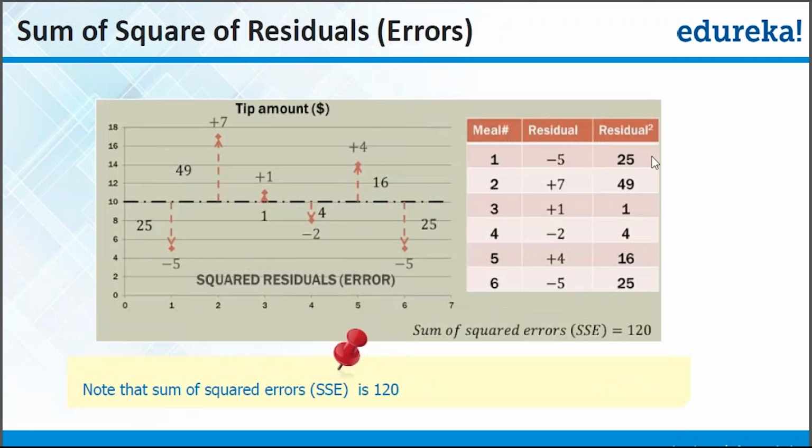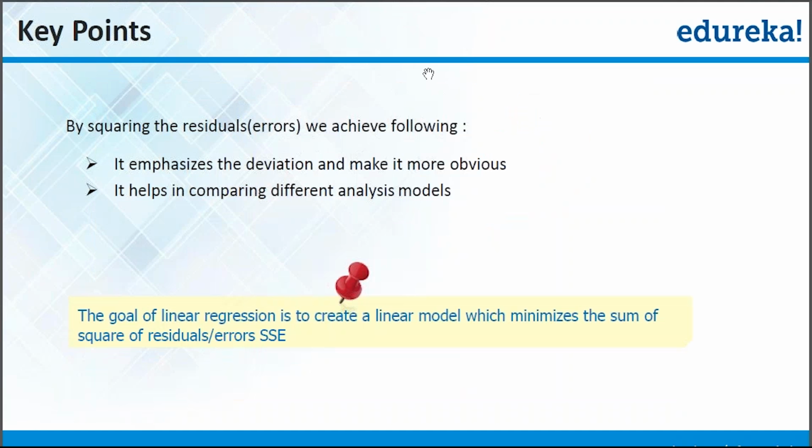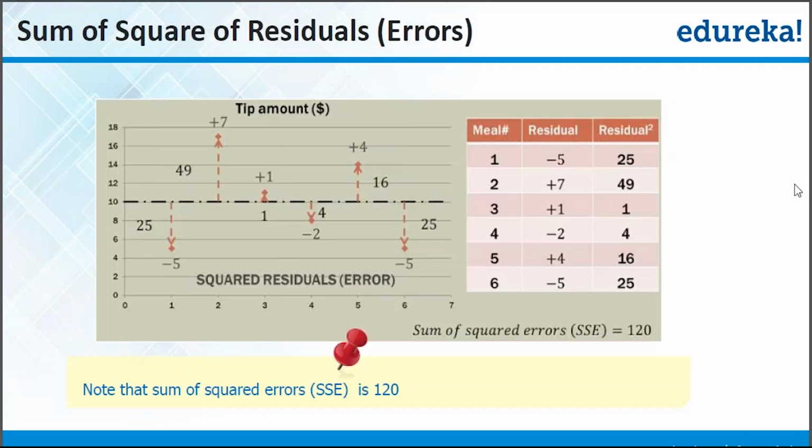So the sum of squared errors, you should get 120. And what do we need to get from squaring the residuals? The goal is to create a linear model which minimizes the sum of errors, so that the deviation is more emphasized and more obvious, and it helps in comparing different analysis models.